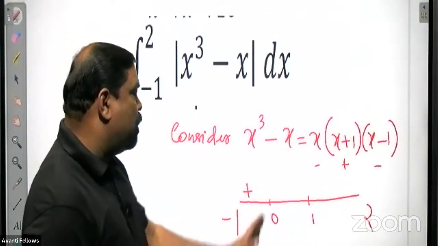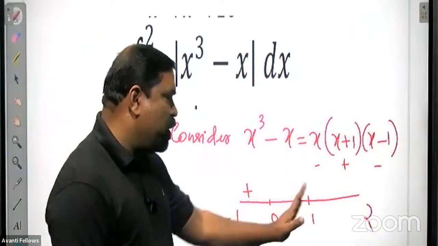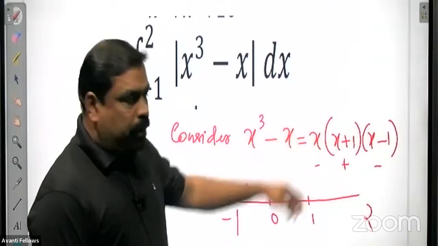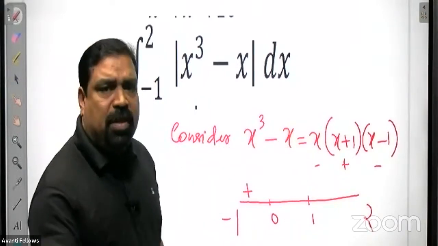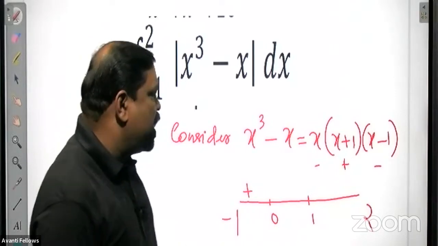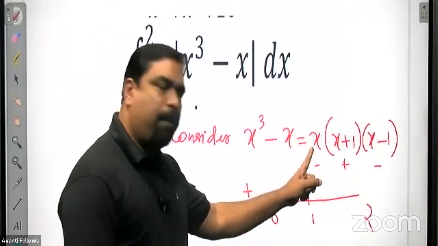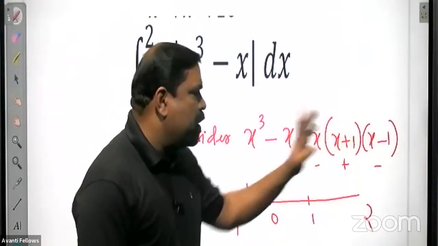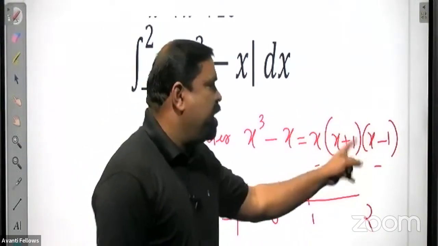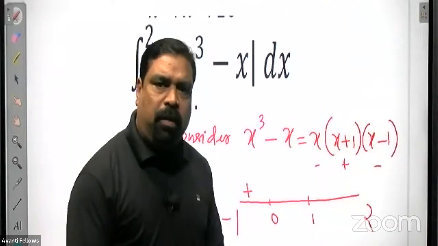Now come to the other interval, 0 to 1. In between 0 and 1, what is the nature of this function? Positive or negative? You take a point in between 0 and 1, 0.5, and check again. Put x equal 0.5, so 0.5 into 0.5 plus 1. So positive, positive, positive, and the last one will be negative. 0.5 minus 1 means negative.